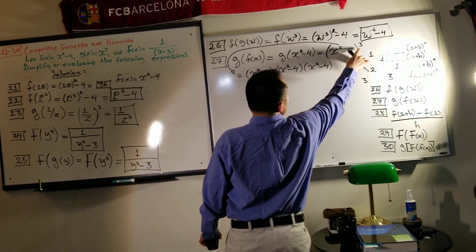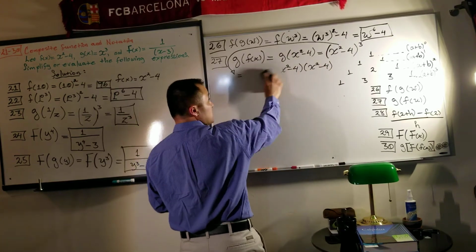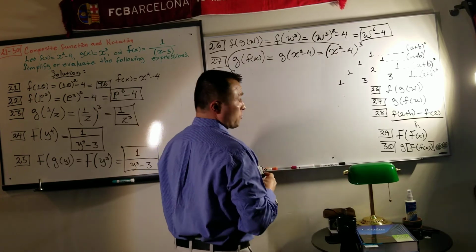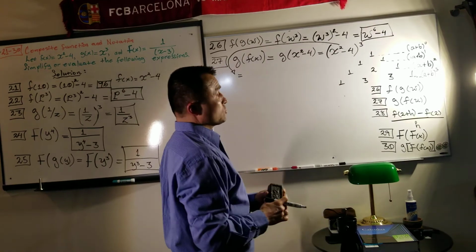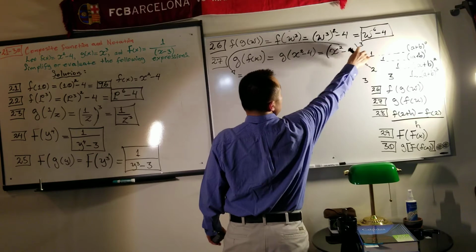X squared minus 4 to the power of third. Right? I'm gonna delete this expression since we are gonna use this way to find the solution. Okay? Alright. And then x squared minus 4 to the power of third.